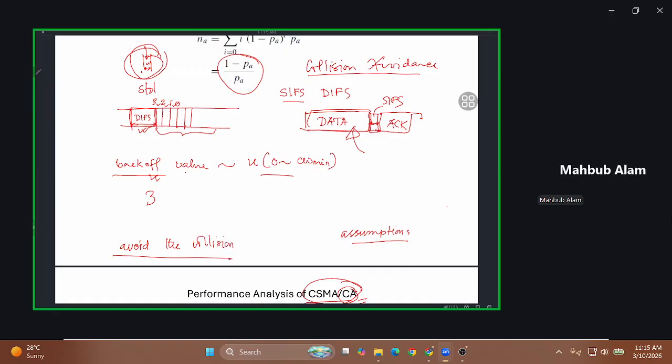Now, if two stations are there, one taking the backoff value 3, another taking the backoff value 5, what happens? The one with the smaller backoff value 3 will reach the value 0 first and start transmission. As soon as the second station finds, for example after the DIFS and after 3 slots, that station 1 is transmitting, it finds the channel is busy.